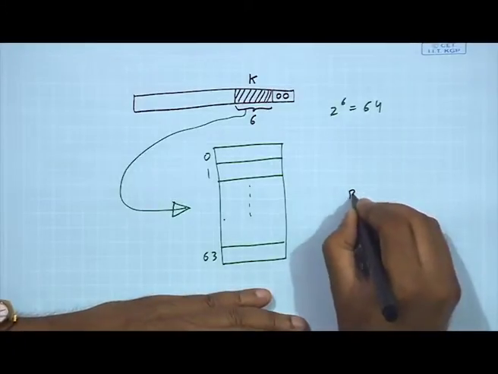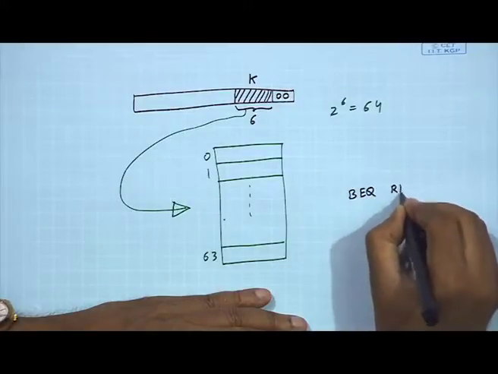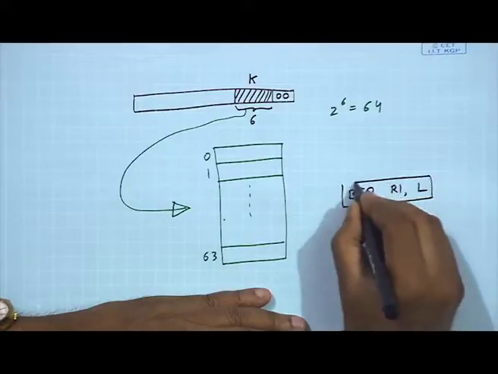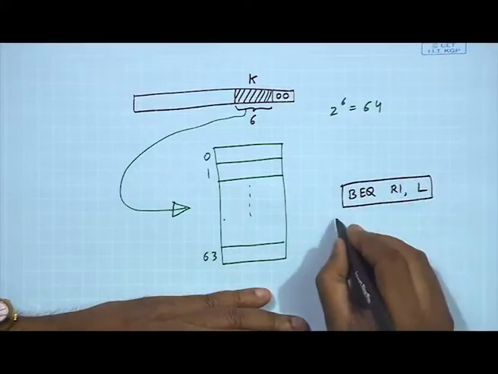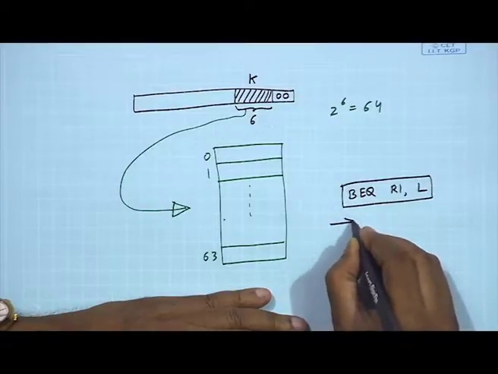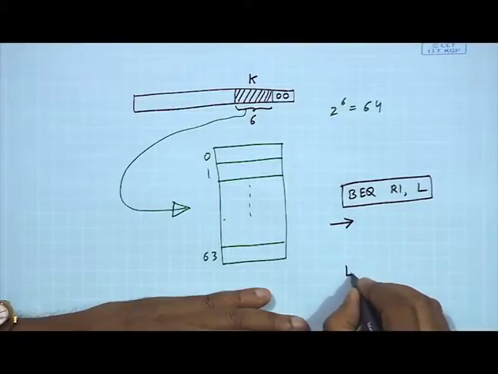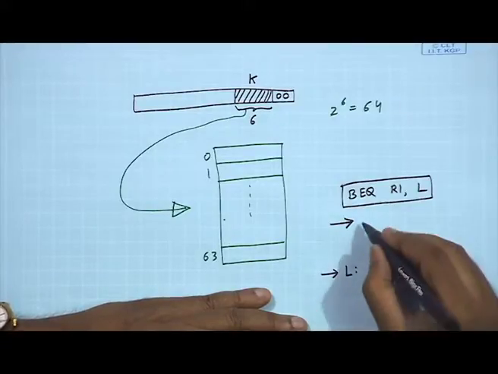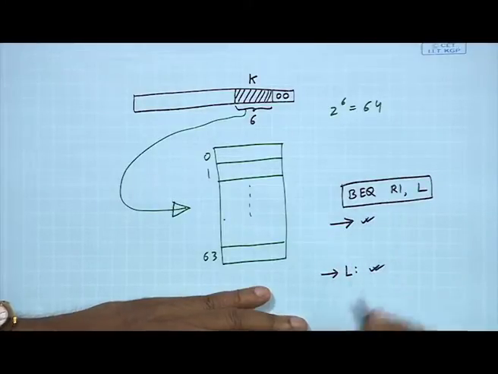Suppose I have an instruction branch if equal to 0, let us say R1, L. When this instruction is executed, if it is not a taken branch, the next instruction executed will be the next one. If it is a taken branch, the next instruction executed will be the one from the label L. So, this is one possible branch address, this is the other possible branch address.